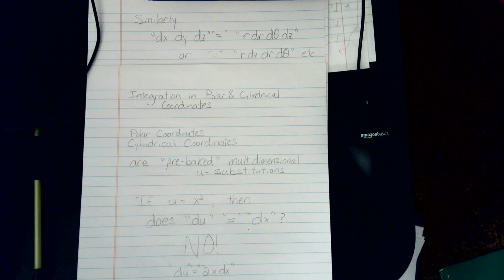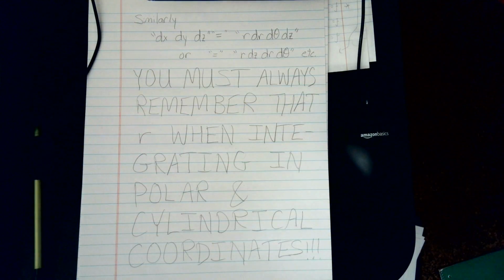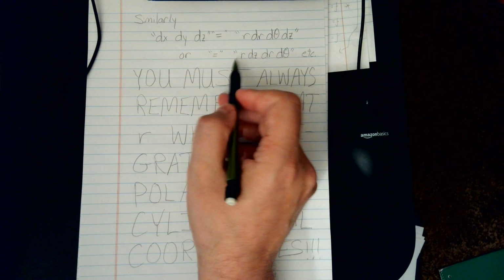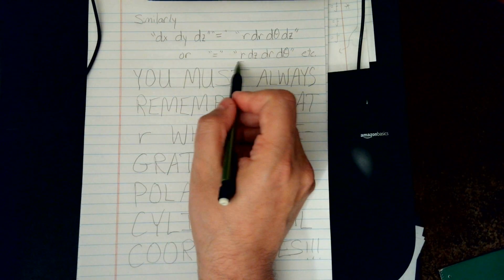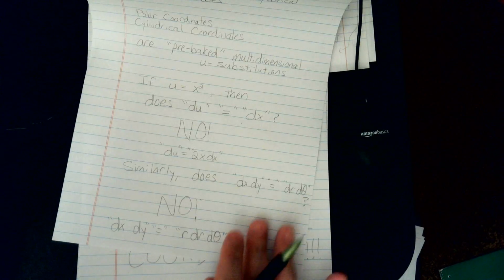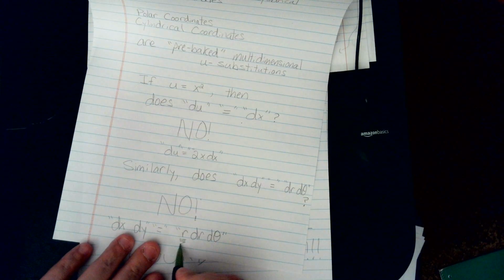You must always remember that r when integrating in polar and cylindrical coordinates. It's a huge mistake, and a very common one, to leave off the r that belongs here. If you leave that out, you are doing a bad thing.